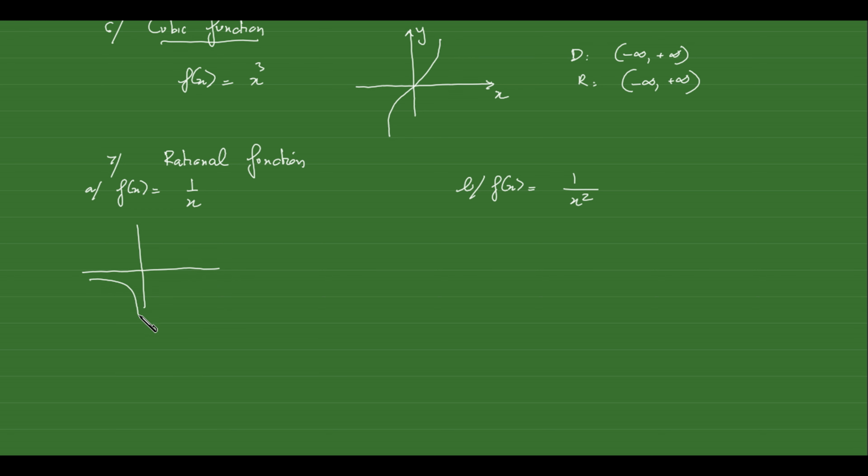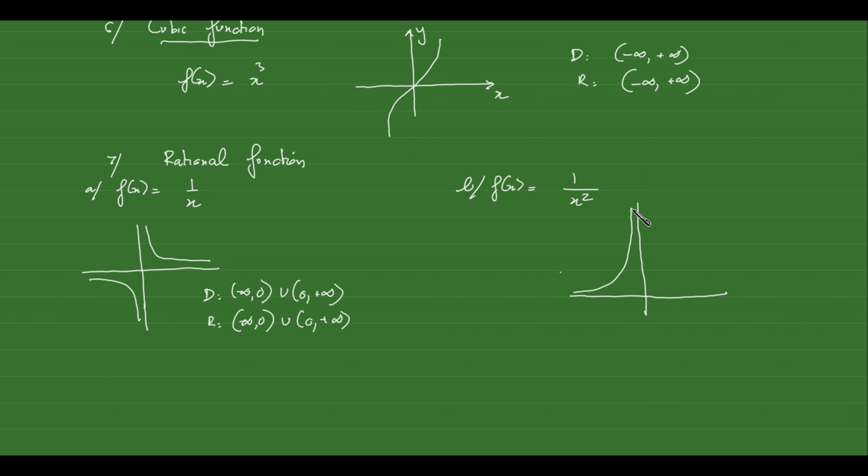The domain here will be negative infinity to 0, union 0 to positive infinity, and so is the range. But for the second one, the sketch will be something like this, going up like that. It's not going to cut, and it's going to go down like this.